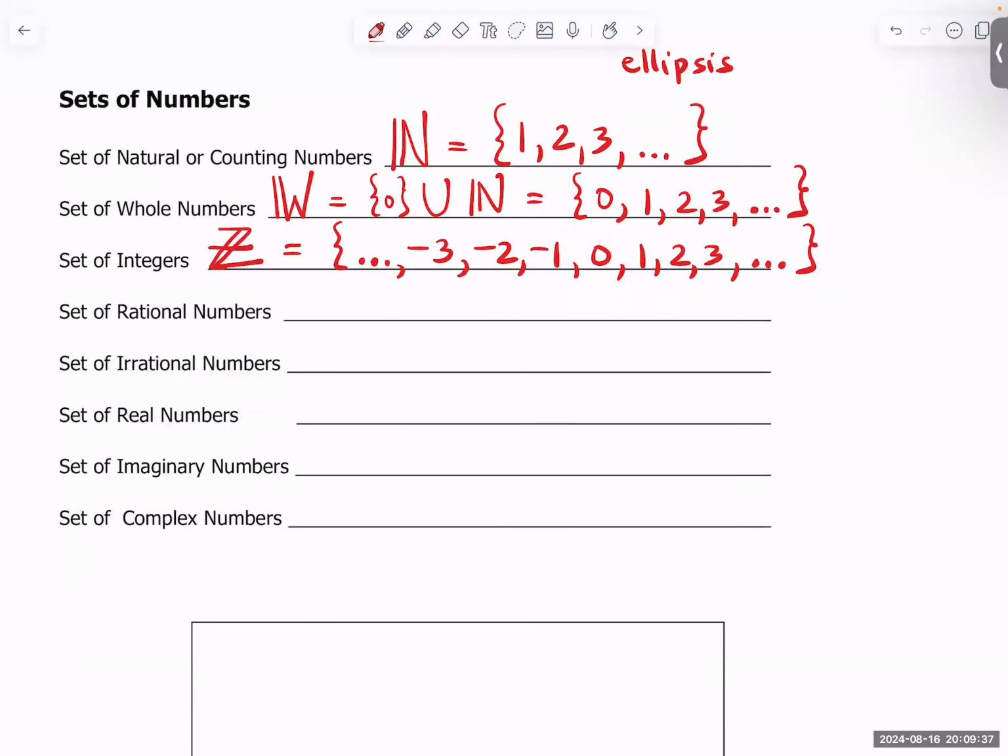The set of rational numbers is the set of all numbers that can be written as a ratio or a quotient. So we use the letter Q, chosen for quotient. This is the set of all numbers that can be written as a quotient or a ratio A divided by B, where A and B are integers.